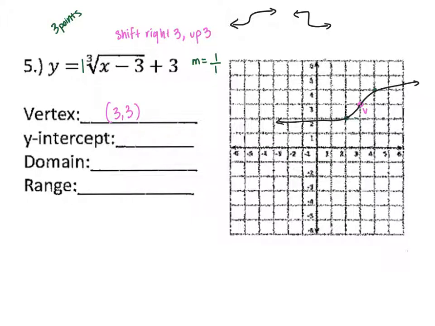So now I'm going to calculate my y-intercept. And just like before, I've got to plug in 0 for x and find my y. So y equals the cube root of 0 minus 3, plus 3. If I calculate this, 0 minus 3 gives me -3 on the inside, plus 3. Now, this time around, this is a cube root function, so a cube root function can handle negative numbers. Look at the graph here.